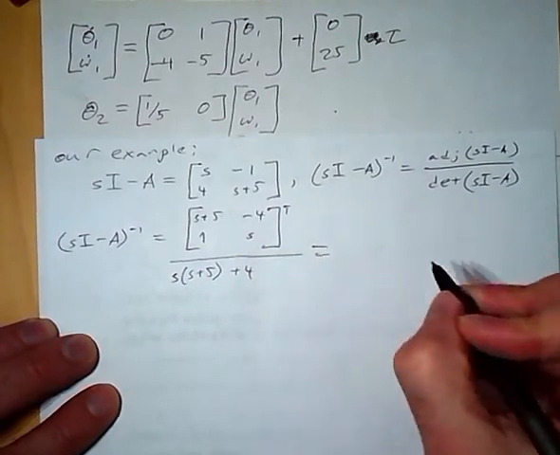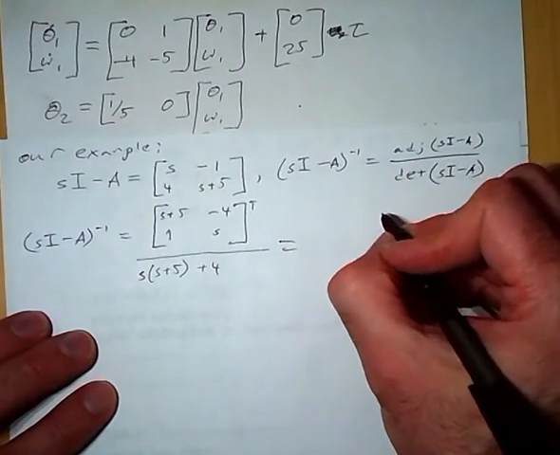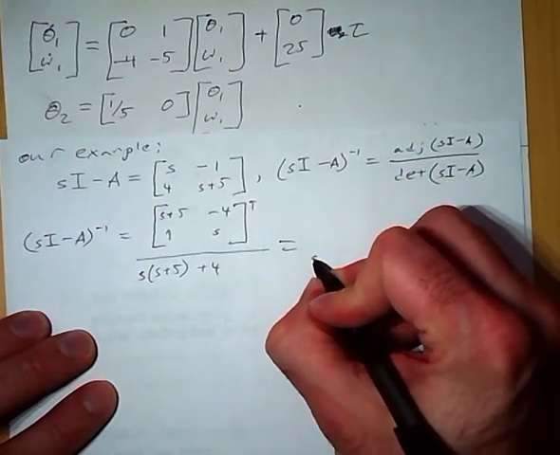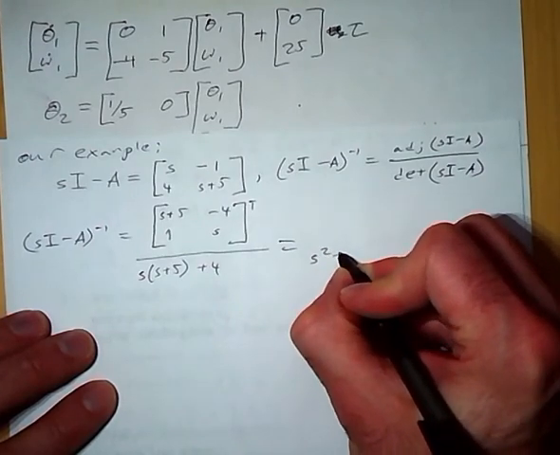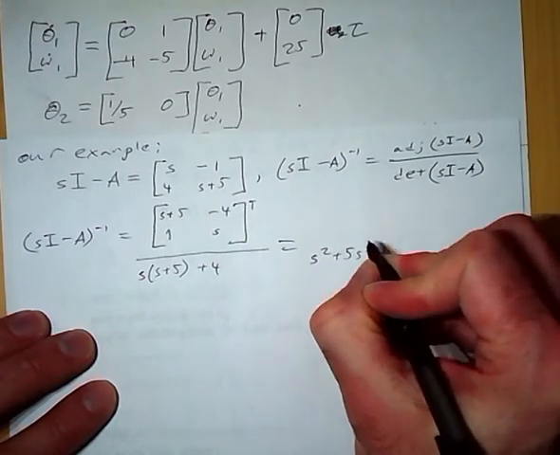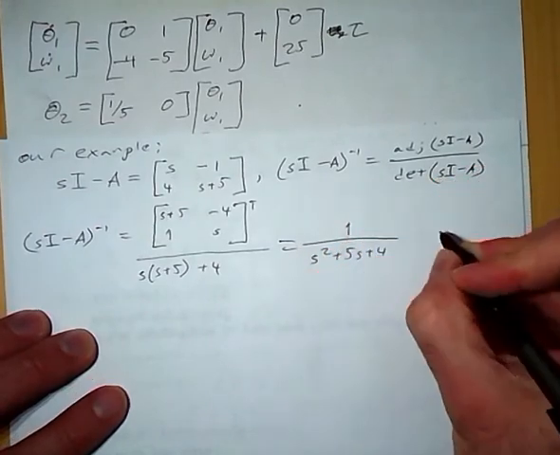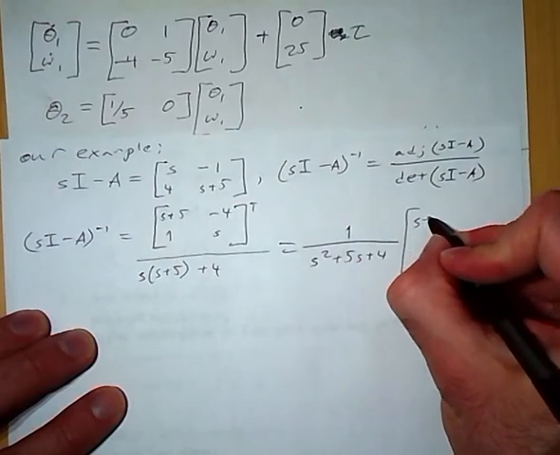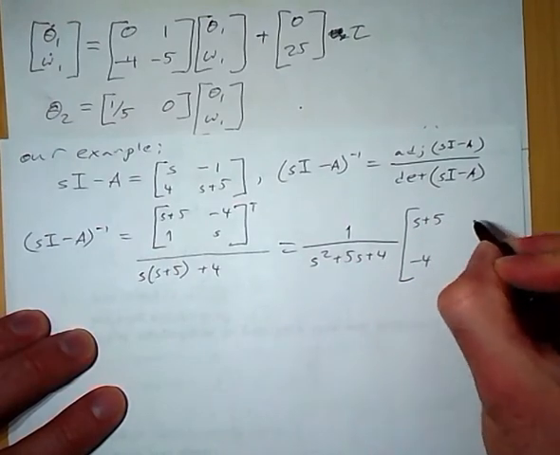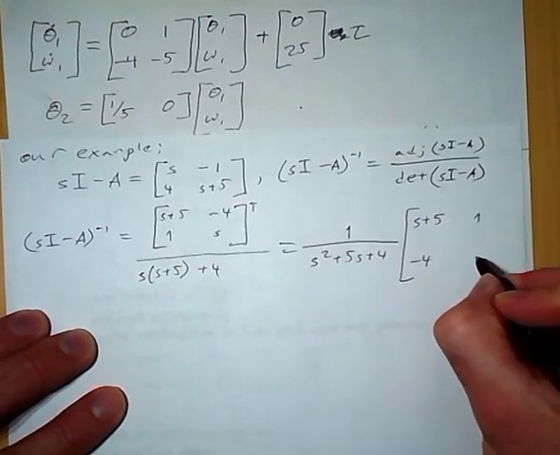So the inverse of this matrix is, we'll expand the determinant, so s squared plus 5s plus 4, 1 over that times the transpose of this matrix, so we have s plus 5, negative 4, 1, and s.